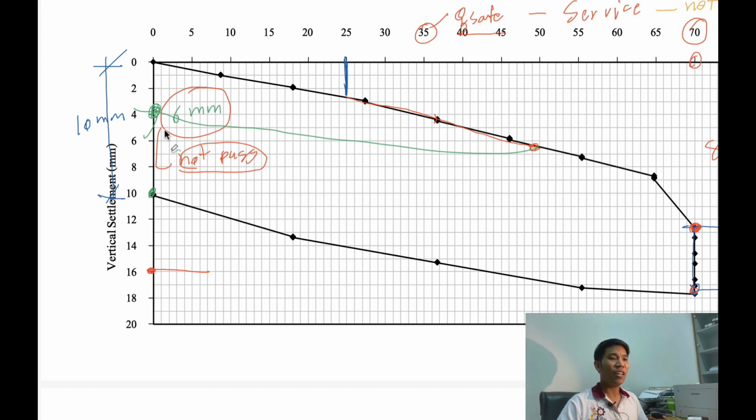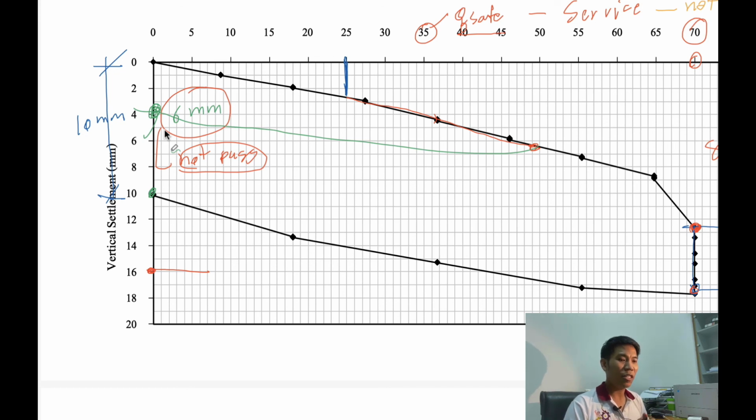If you reduce the safe load, according to the design procedure you have to revise the foundation. You have to increase the number of piles in your project. You have to increase the size of the pile cap in your project also, so the cost of the project will be increased.